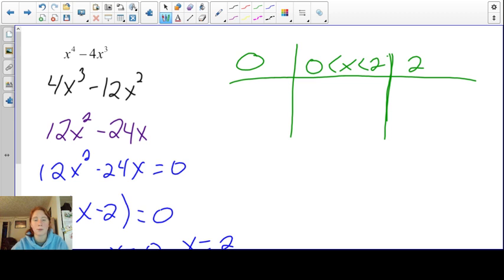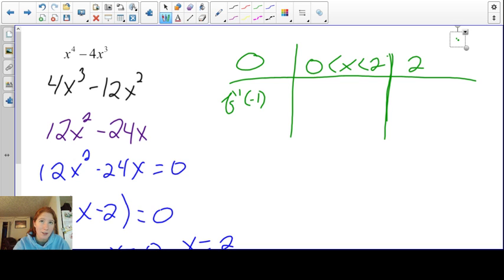Same idea. We pick a value that is less than 0, say negative 1. Now, instead of plugging it into the first derivative, I'm going to plug that negative 1 into the second derivative. I'm going to leave that little spot there so it keeps in your mind that we're plugging it into the second derivative. And just like with the first derivative test, we want to take a look at the sign, not the actual number.